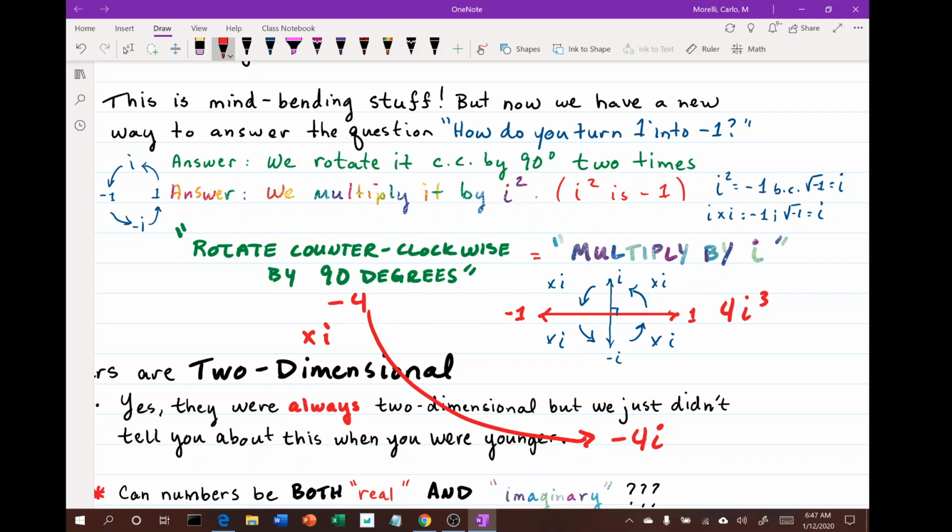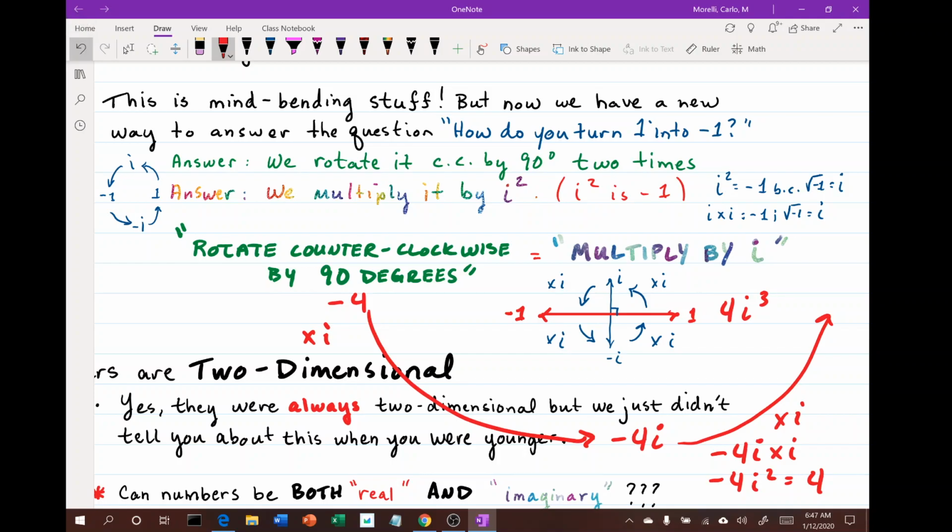If we wanted to get back to home base, we would just multiply by i one more time. So -4i times i is -4 i squared. i squared is -1, so it's -4 times -1. Then we're back to +4.